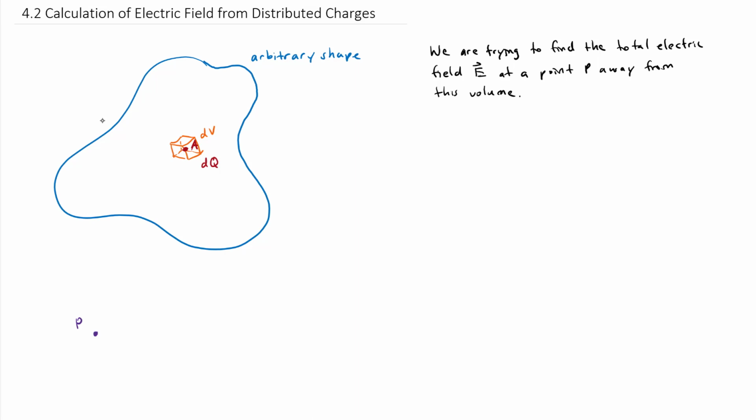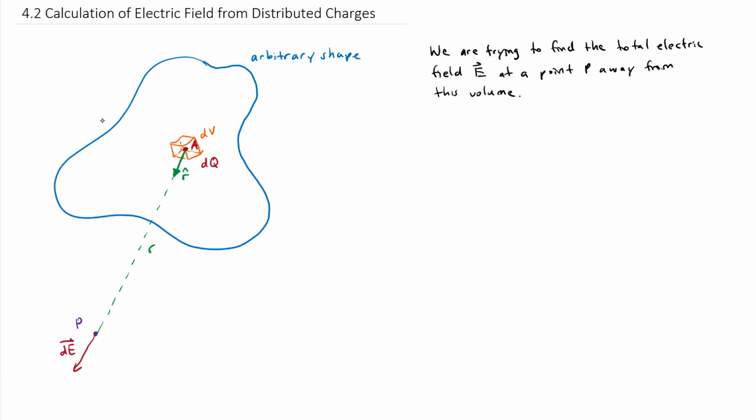Now, this point A is a direct distance r away from point P. So there's going to be some sort of unit vector, r hat, going from this arbitrary point to point P. And at this point P, there's going to be an electric field pointing away from that arbitrary point, and we call this the differential electric field element.